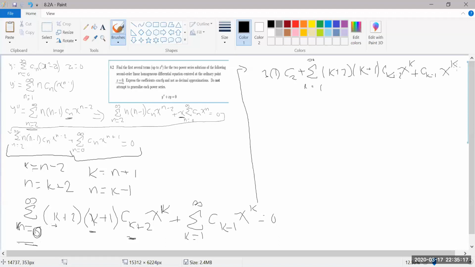So you can factor out the x to the k, and I'm kind of wishing I would have done that already because now I just wasted a line, but whatever.